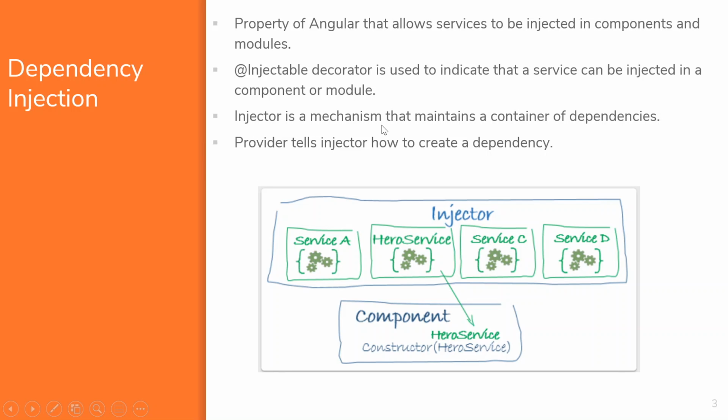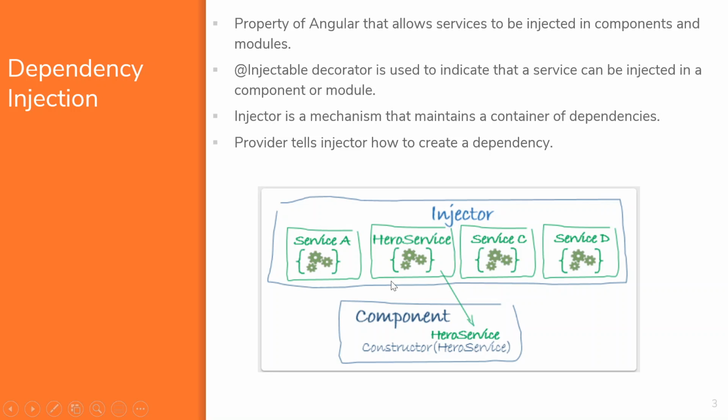Injector is a mechanism that maintains a container of dependencies. So the injector is a background mechanism. We are not using this keyword anywhere. It is a mechanism that handles all the services. Assume that you have three components. Each component might have a dependency on a service.